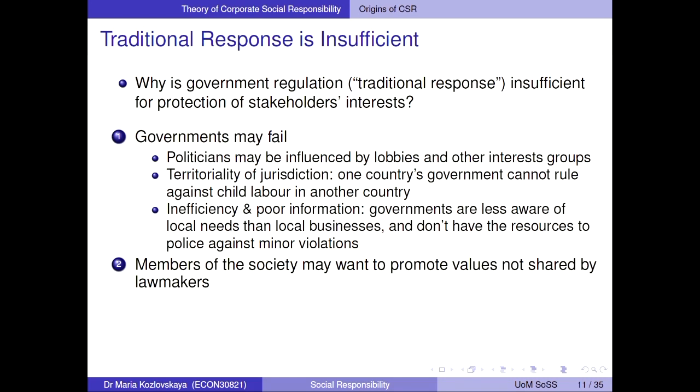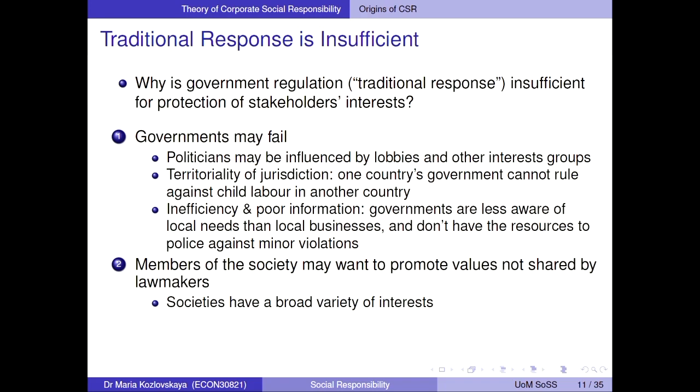The second reason is that even democratically elected governments don't always promote everyone's values, because they sometimes have to choose difficult compromises, and the trade-offs they consider might be quite close.